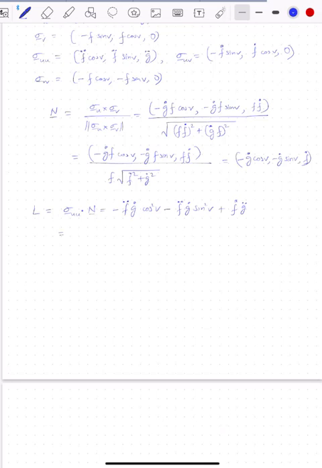So this gives us f dot g double dot minus f double dot g dot.